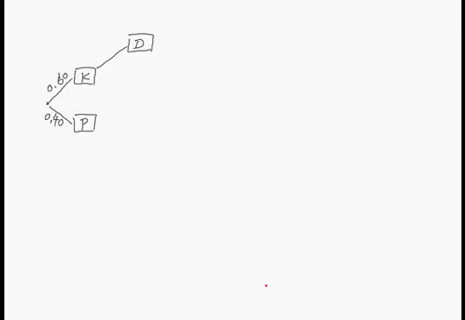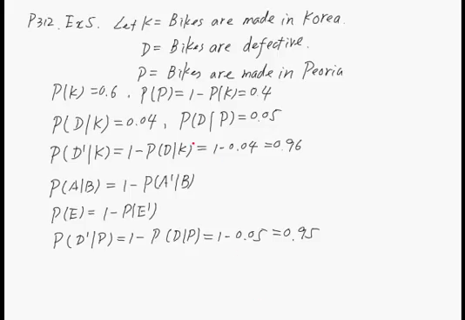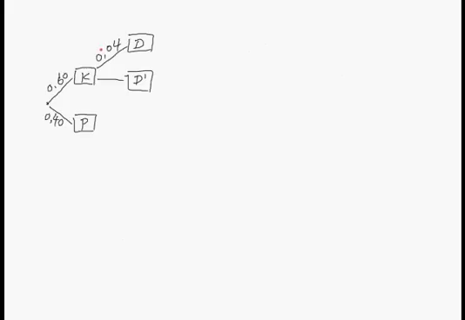So we label this branch by this conditional probability 0.04. And if bags are from Korea, then the conditional probability of the event the bags are defect free, D prime, is equal to 0.96. That is 1 minus 0.04.